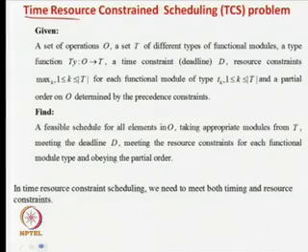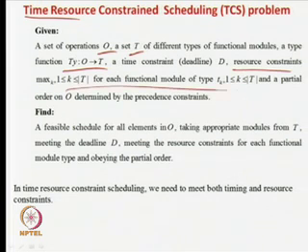So, in the time resource constraint scheduling problem, there is an O set and a T set, there is a set of operations, different types of elements, and a function which maps the operation to the type of hardware. Then there is a resource constraint as well as a deadline constraint. So, we are slowly increasing the number of constraints, and there is also the data dependency, a partial order you have to always follow.